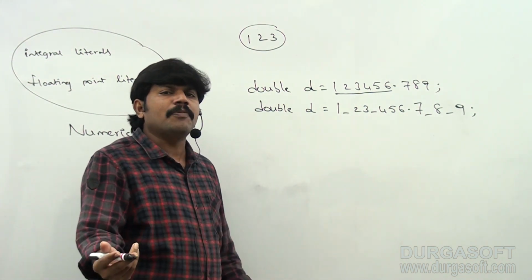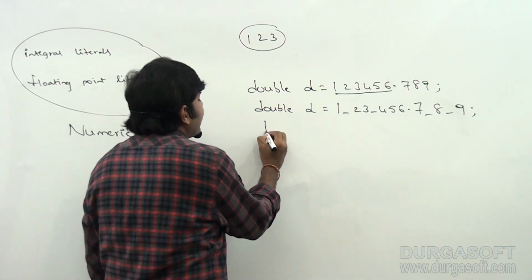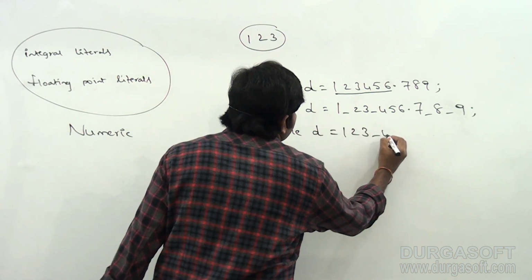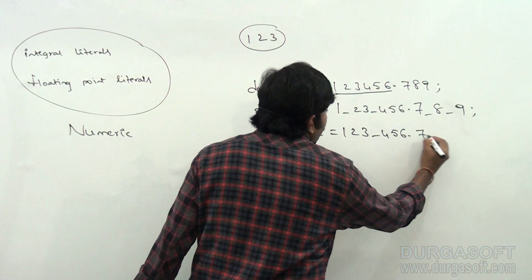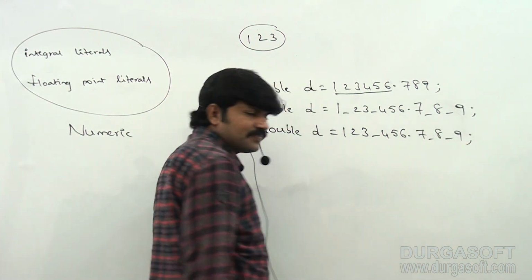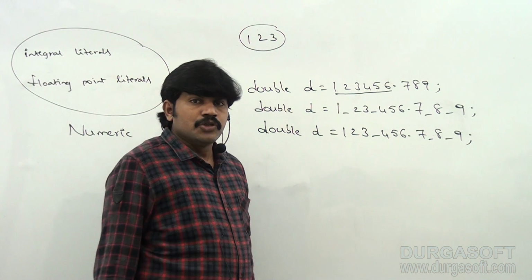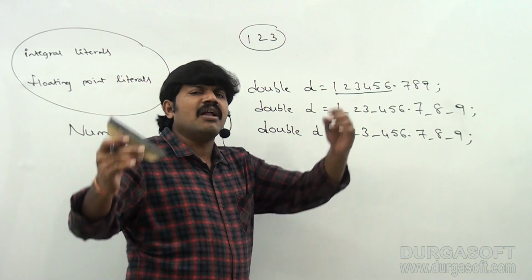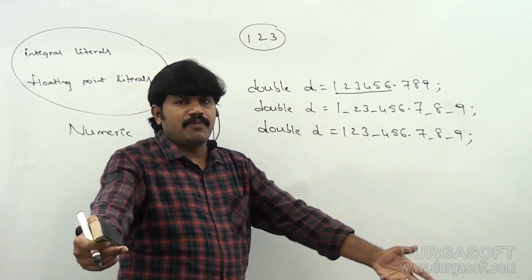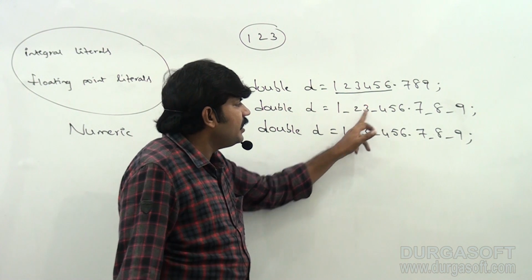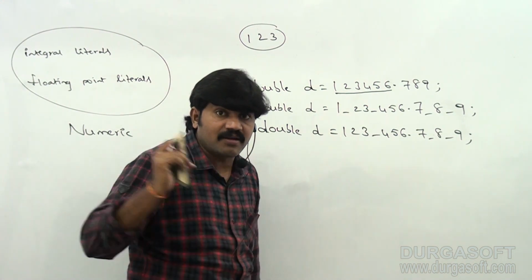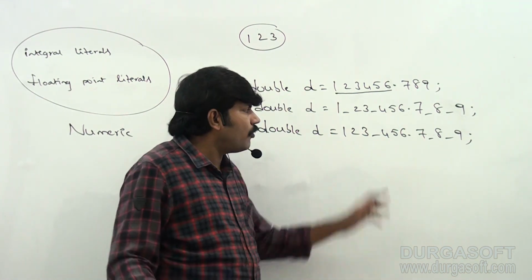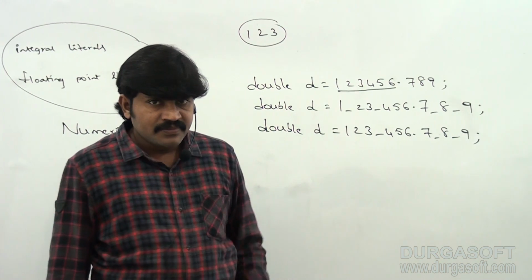Then no problem, US people can write in this style also: 123_456.789. There is no rule that you should use the underscore only after the first digit. Based on your comfort and readability, you can use any number of underscore symbols, no problem at all. This facility came just to improve readability. Any doubt? Clear, right?